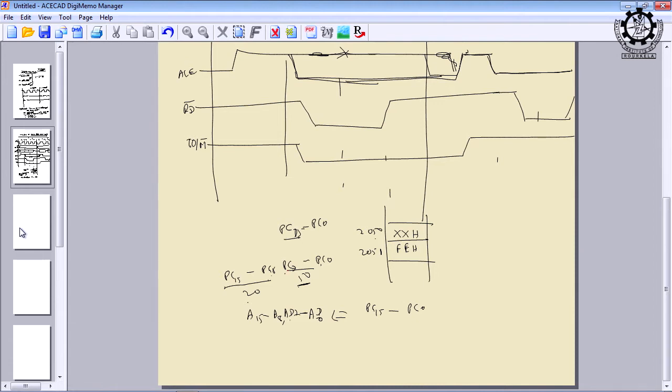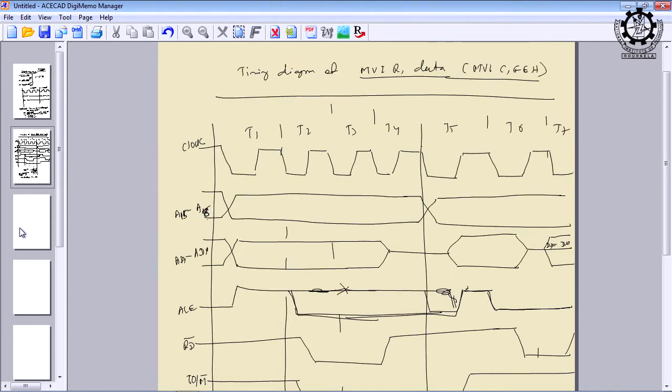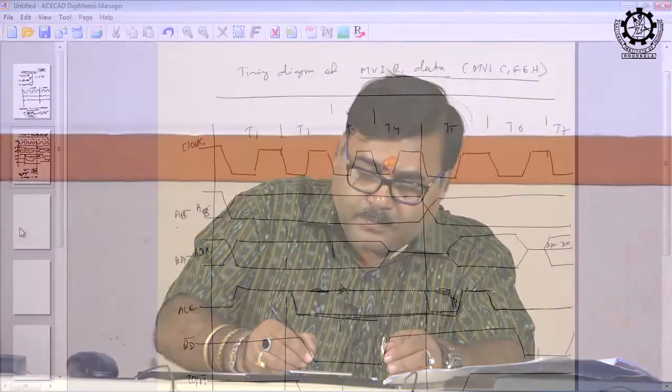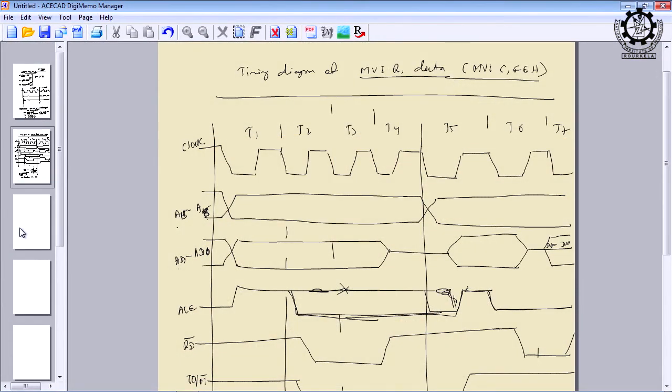So, you can see in the timing diagram, A8 to A15 we have divided in 2 sections, but in reality it consists of 16 bits. If you start from AD0 to AD7, that is 8 bits, and A8 to A15 another 8 bits, total 16 bits. Is it okay? So, now AD0 to A15 will occupy PCH, program counter higher order byte, and PCL, that is program counter lower order byte.